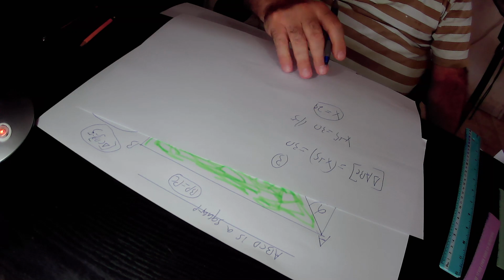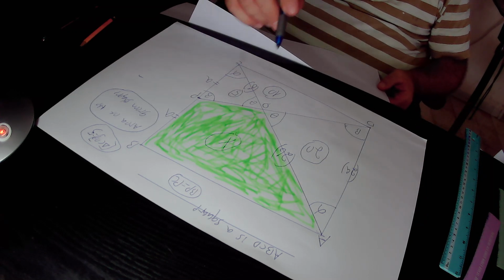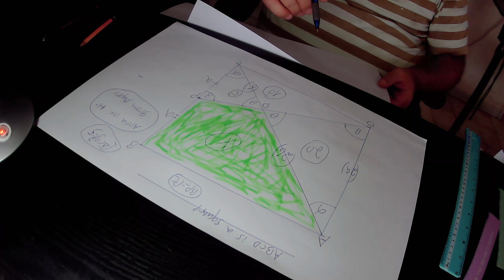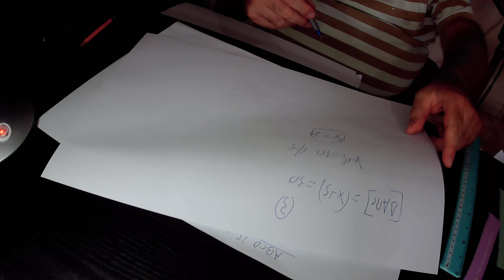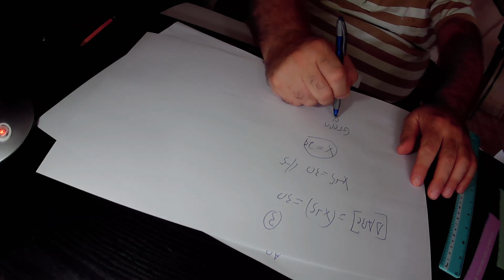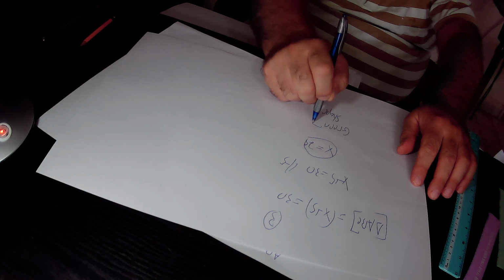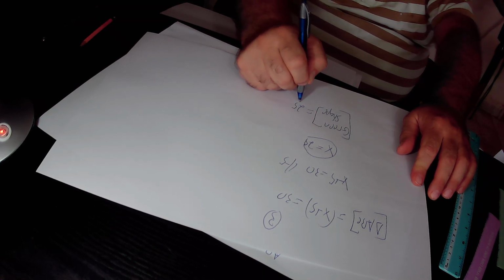So in total, we found out that the area of this green shape, x, is equal to 25 square units.